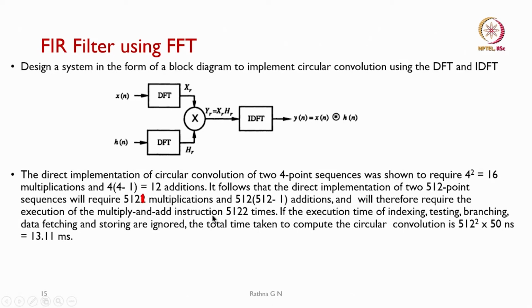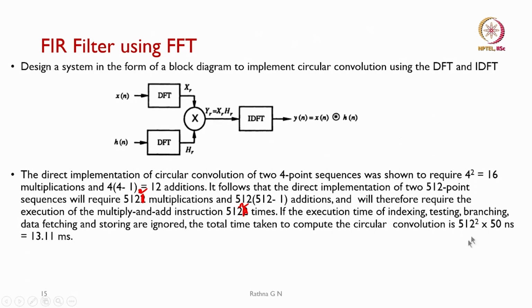Here we will require 512 squared multiplications and 512 into 512 minus 1 additions using the direct method. So, the add instructions we can take as 512 squared.